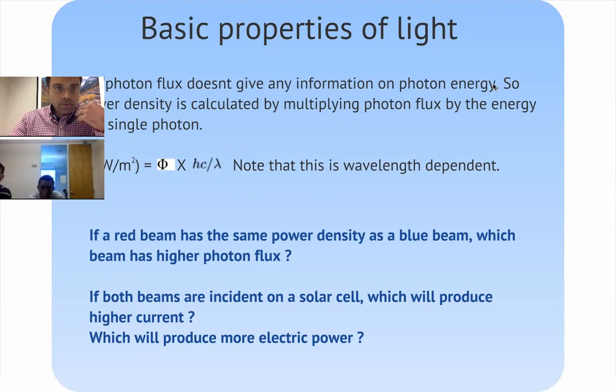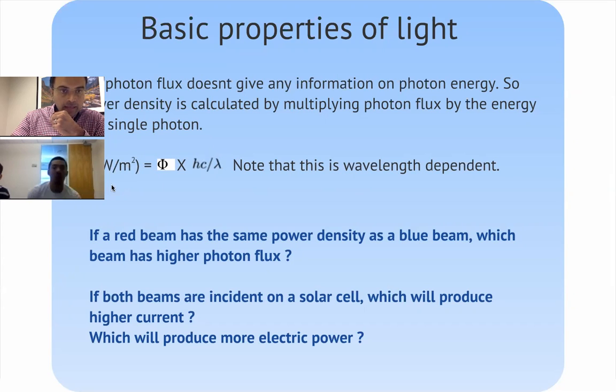So in order to compute power density, we need to multiply the photon flux by the energy of a single photon. So H, the power density, which is energy per time per unit area, in watts per meter squared, equals the photon flux, phi, the number of photons per unit area per second, multiplied by the energy of one photon, hc over lambda.